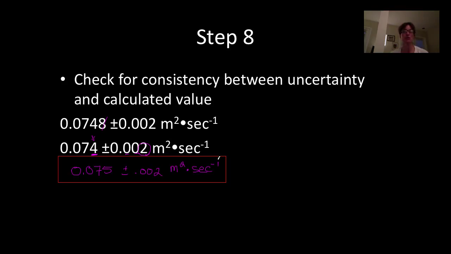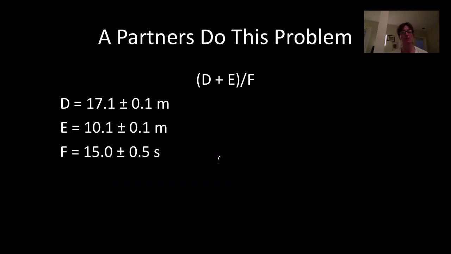Now I want you to try problems, and I'm going to divide them into A partner and B partner. If you are the A partner in your pair in class, I want you to do this problem. You're going to take 17.1 plus or minus 0.1 plus 10.1 plus or minus 0.1 and divide it by 15.0 plus or minus 0.5.